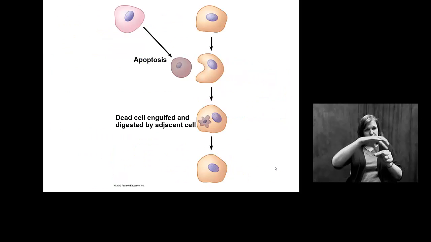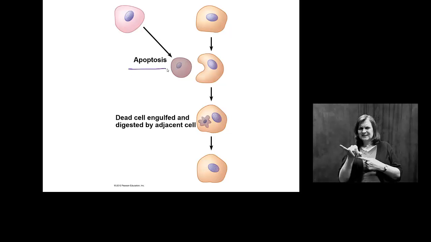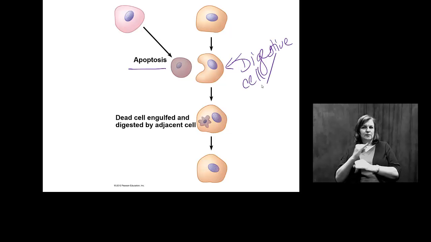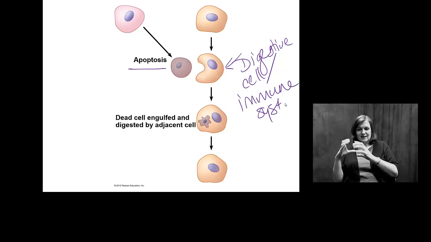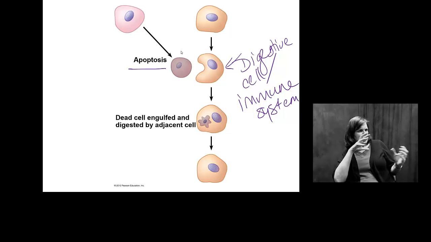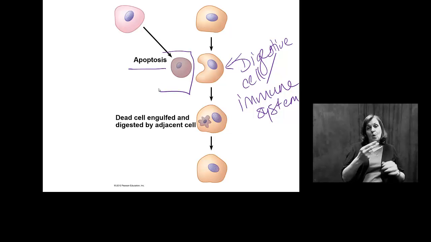What is apoptosis? This is simply programmed cell death. It means that you have a digestive cell. This is actually going to be part of your immune system that is going to go in and target any cell that has been flagged for death. So your developmental hormones and chemicals and morphogens are going to say this cell must die.